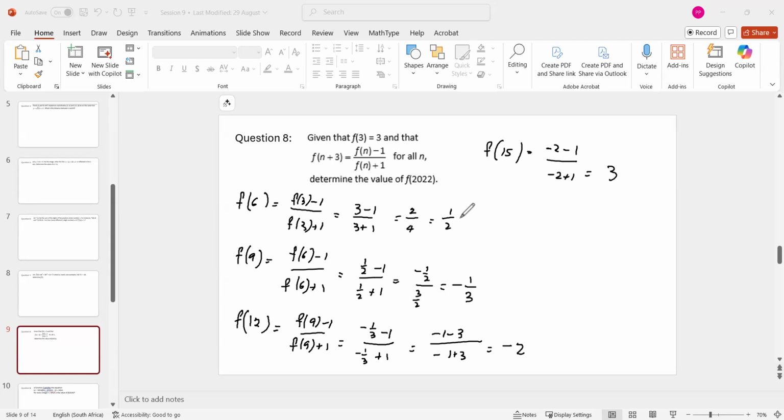So f of 18 will be the next one, because it's the same calculation. Then f of 21, f of 24. So this tells me that the various numbers 3, 6, 9, and so on. Let me create some space here. Oh, maybe I need all these.